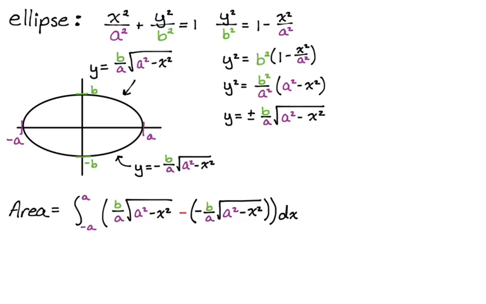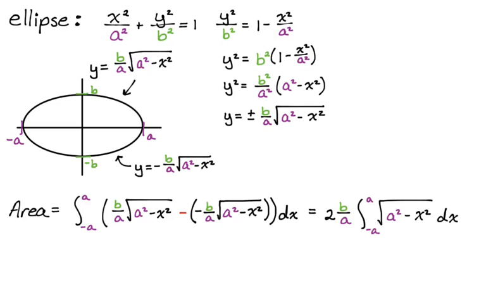If you look at it, the minus and negative becomes plus, so you can factor out 2b over a, and then we'll have the integral from negative a to a of the square root of a squared minus x squared.